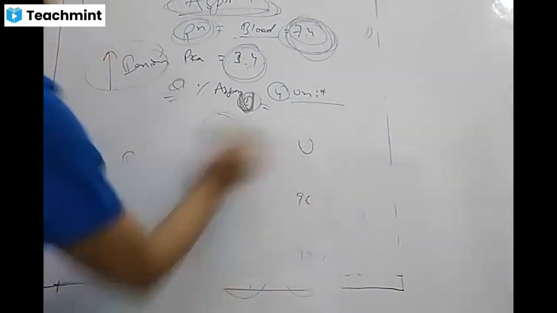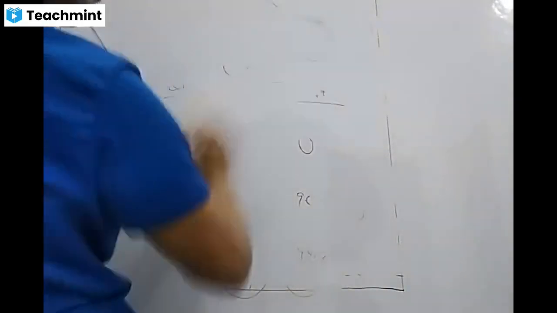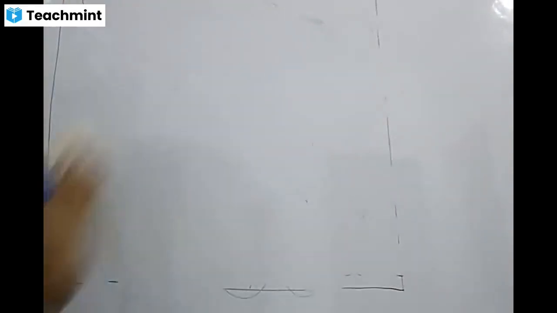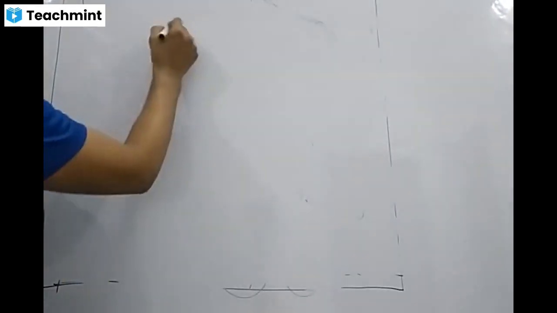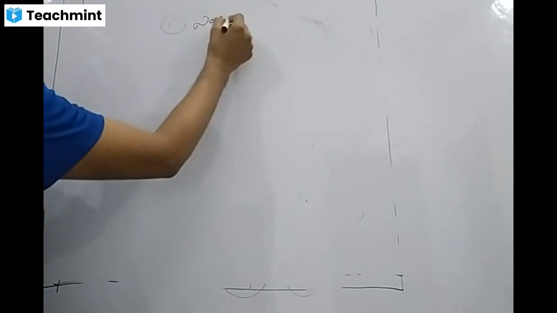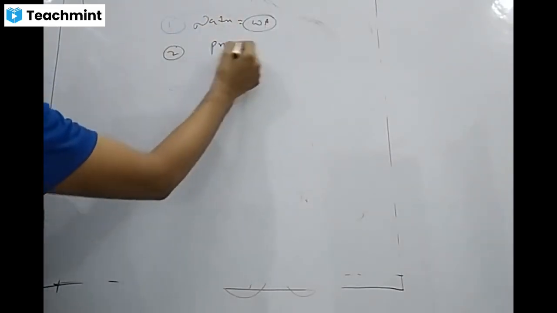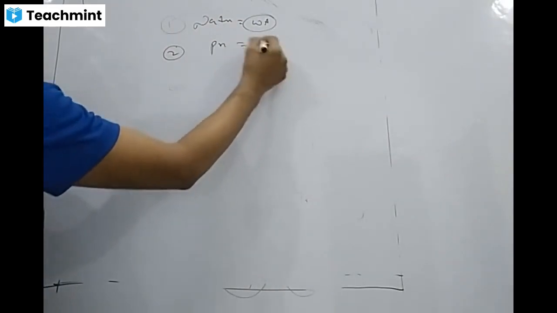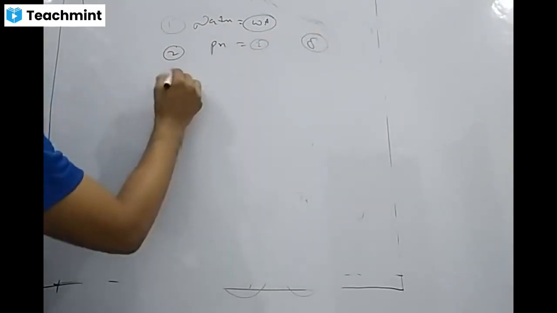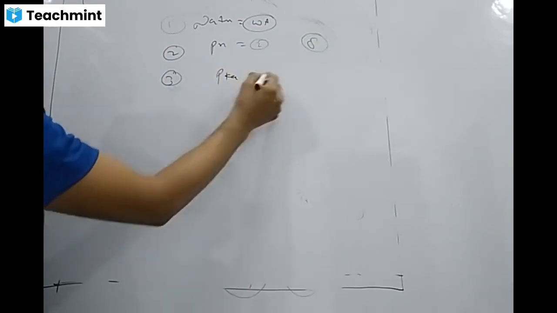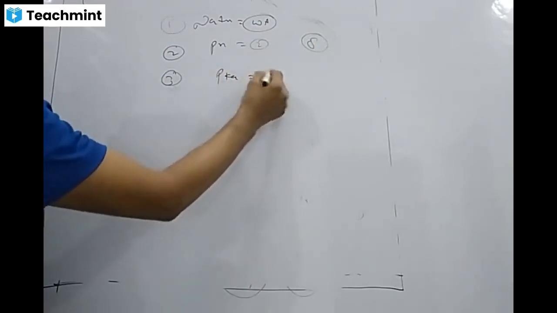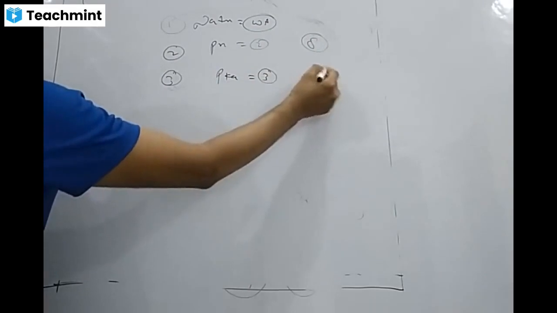So for any MCQ related to this equation, you need to know 3 things. First, the nature of the drug, acidic or alkaline; second, the pH, that may be acidic or alkaline; and third, the pKa.